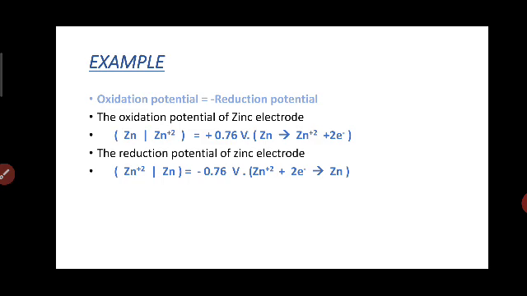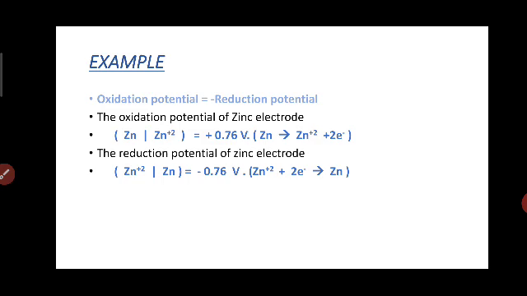The zinc electrode we represent as Zn/Zn2+, the electrode symbol, and its value is equal to plus 0.76 volts.